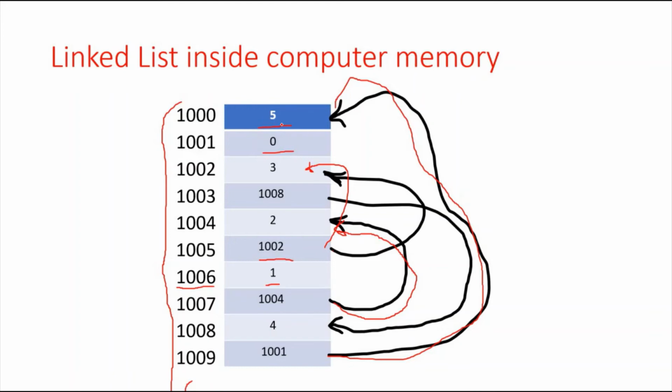But note that 5 also contains the address of the next element, but we don't have any other element, that's why it is written 0 or null. We have address null here, which shows that our list ends here. Okay, this is how a linked list is stored and represented inside computer memory.